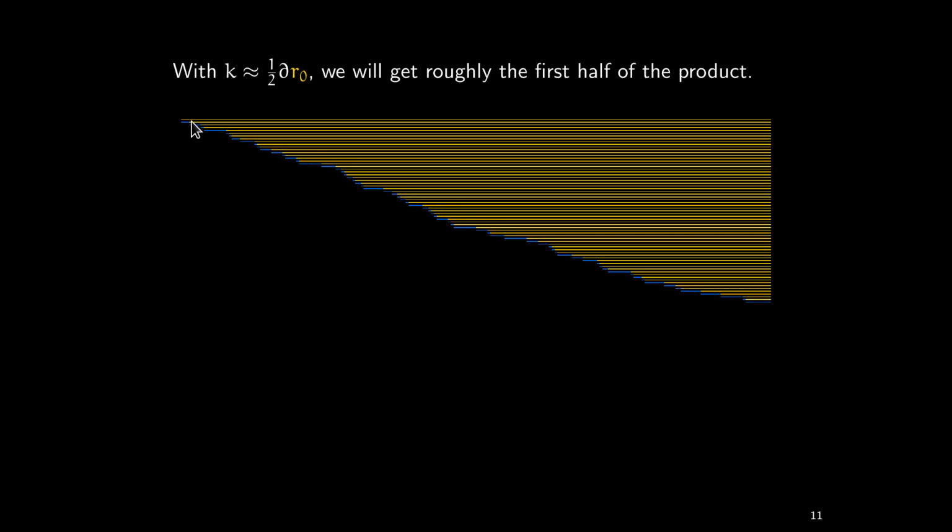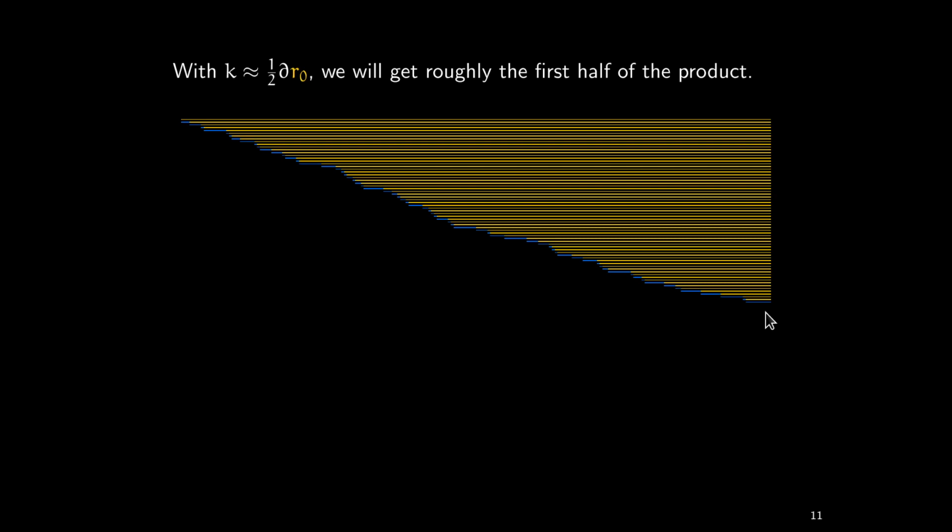So here is a trace of the Euclidean algorithm. You see it has very long remainders, and you see some kind of triangle that indicates that you won't be able to compute all this area in less than quadratic time, because the area is already quadratic in size. But you see also that the quotients are much smaller. The quotients are just this boundary, and this has linear size.